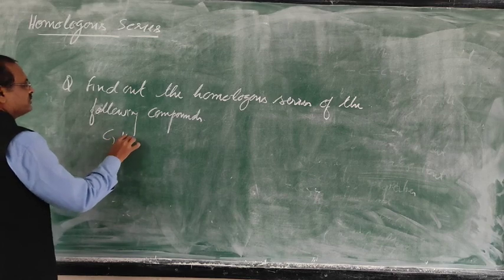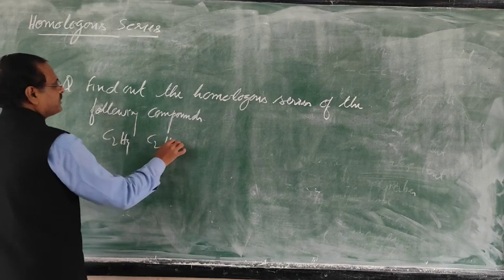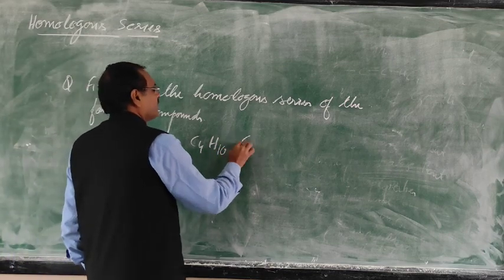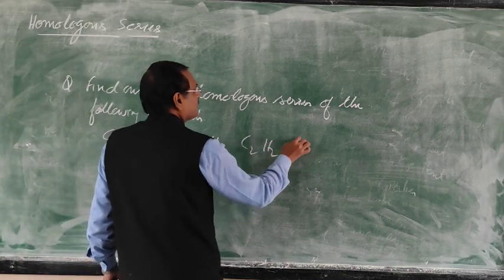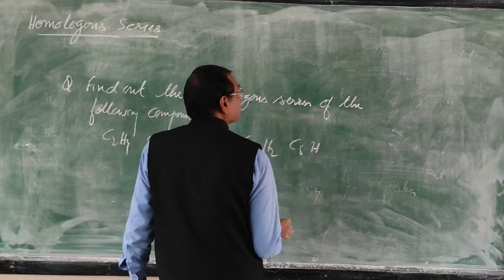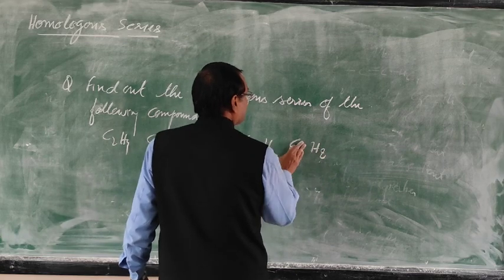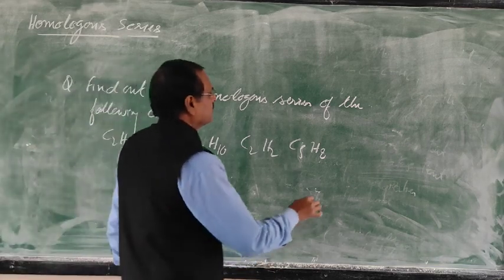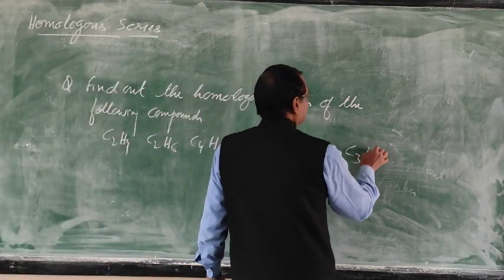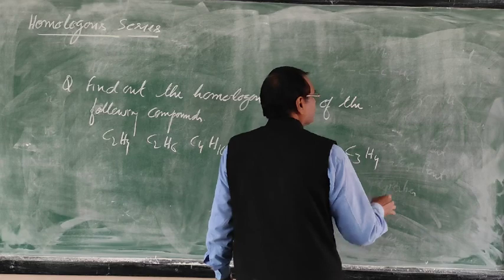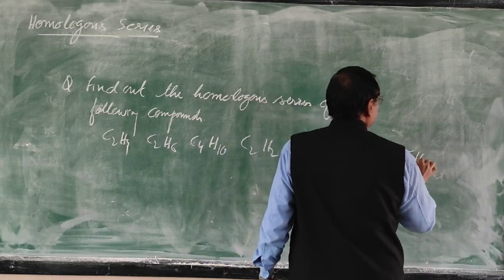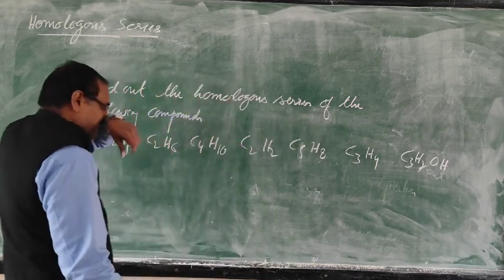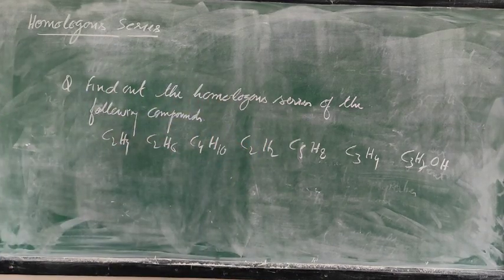C2H4, C2H6, C4H10, C2H2, C5H8, C3H4, C3H7OH. So these are the compounds. You have to find out the homologous series.